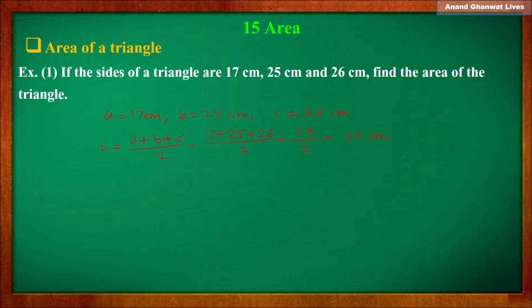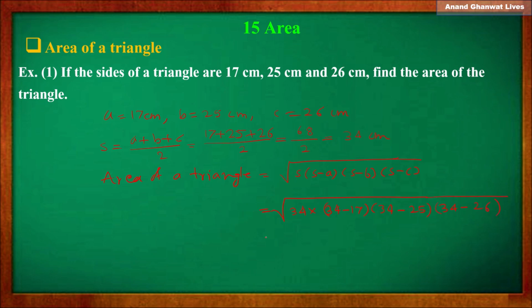Now by Heron's formula, area of a triangle is equal to the square root of s into s minus a into s minus b into s minus c. So s is equal to 34, therefore square root of 34 into 34 minus 17, 34 minus 25 and 34 minus 26.